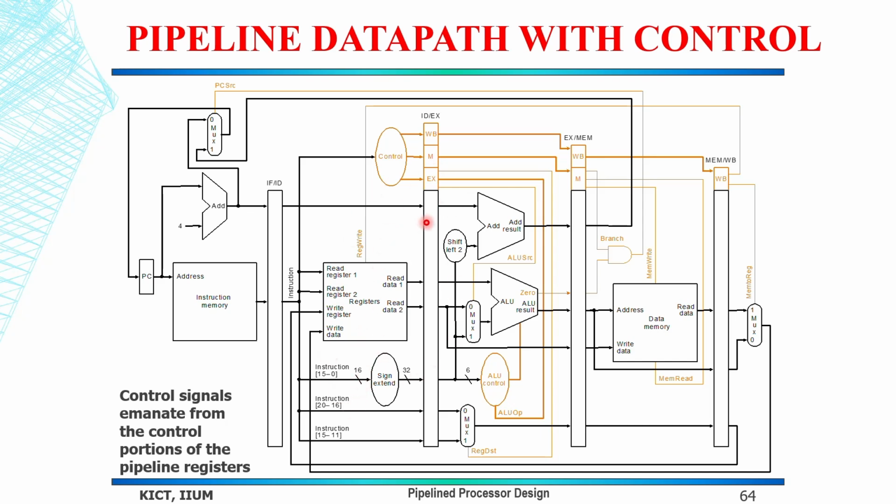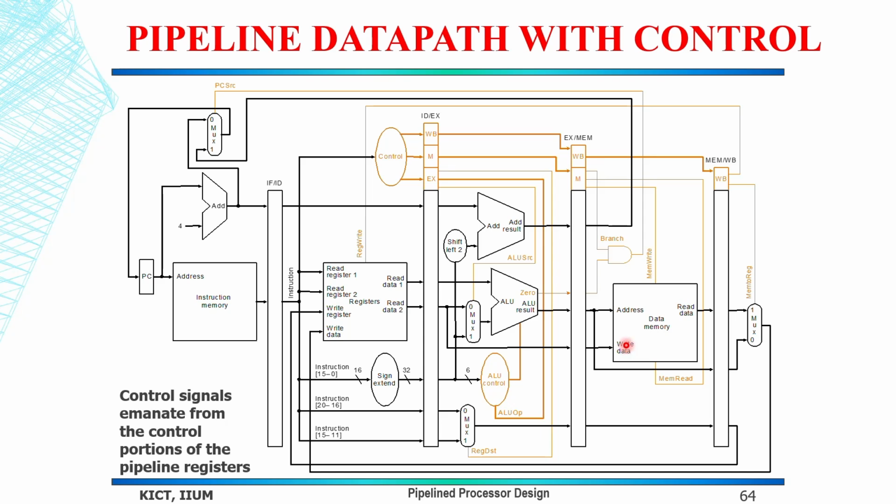From there they flow out to the EX stage, the execute stage. Some signals are further passed forward to the memory stage using the EX/MEM pipeline register, and from that register they flow out to the memory and write back stages. Why is this important?